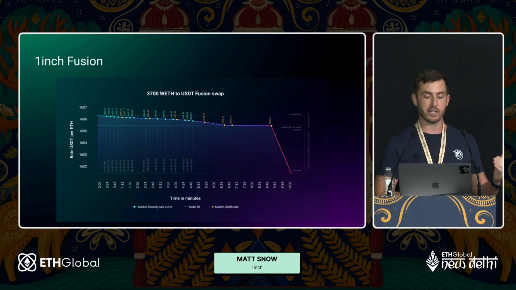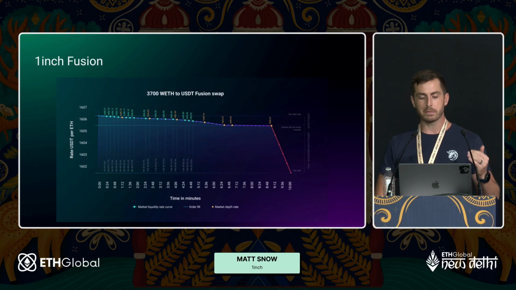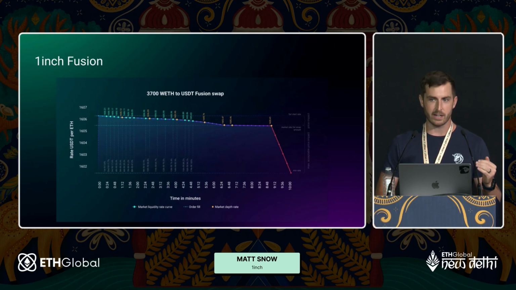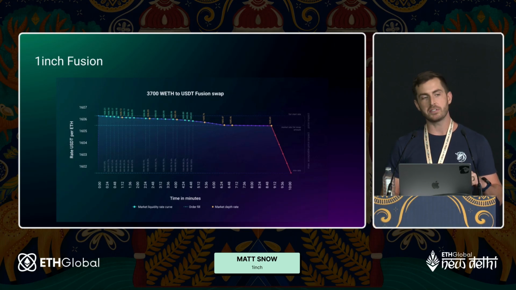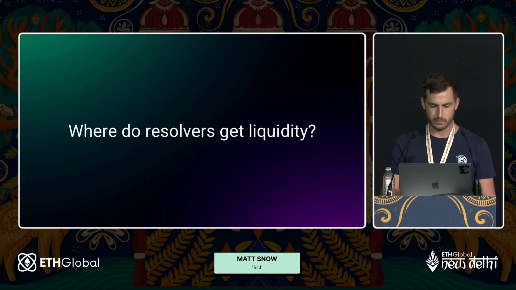In this case, you can see that this order was completely filled above market rate, and the user is able to receive more tokens than if they would have just run this trade through a DEX. That's a really cool feature, that it highly optimizes prices for users.